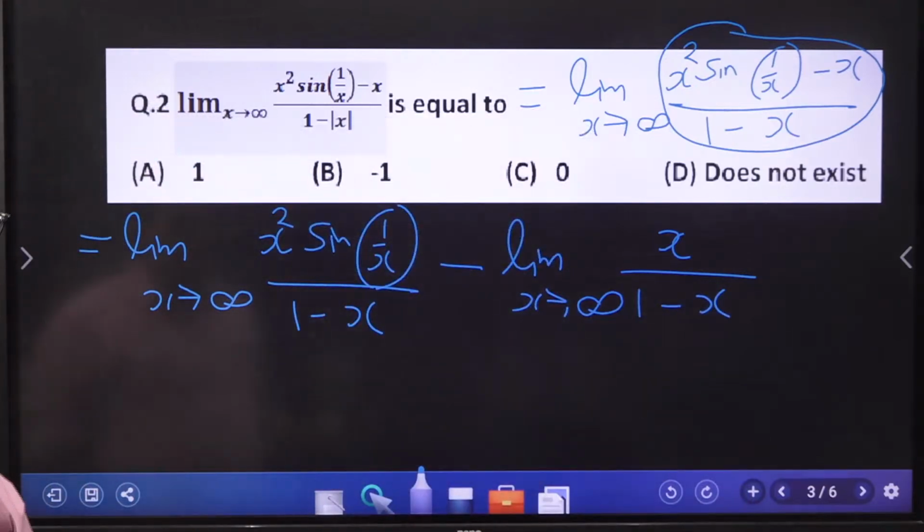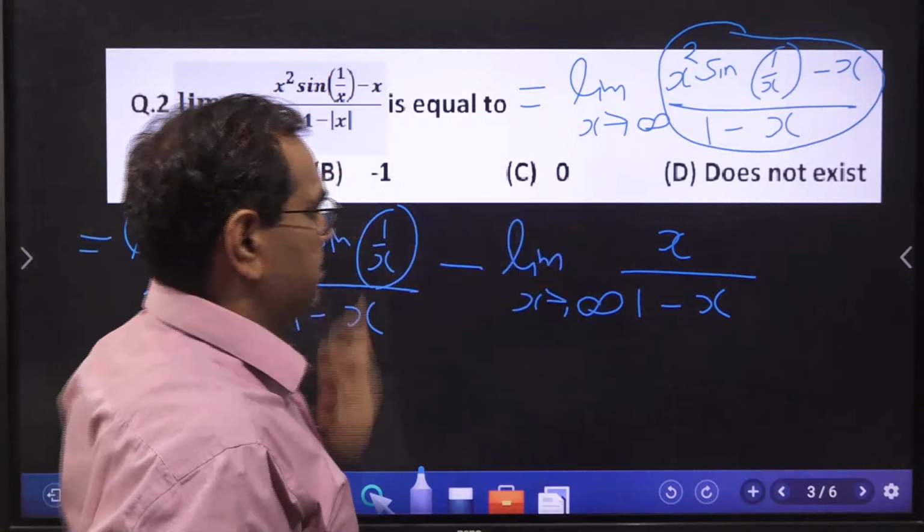Now we have to evaluate this limit as well as this limit.